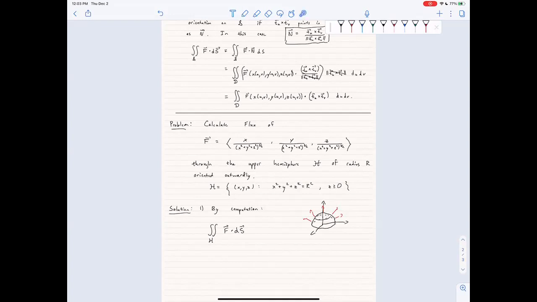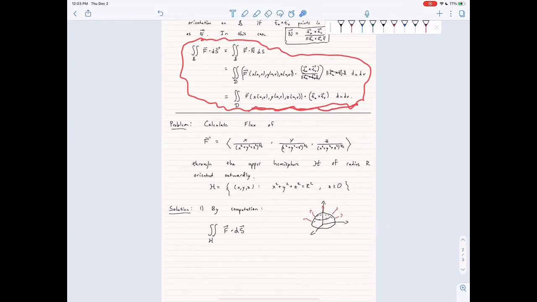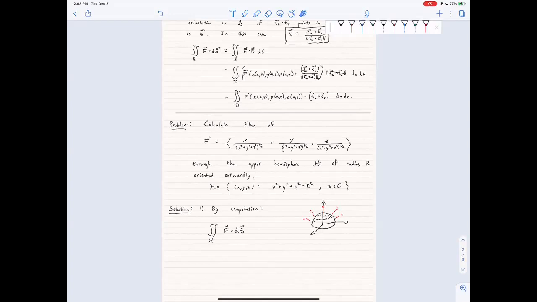Other comments or questions or solutions? When you look at this formula here, after you're done vomiting, what do you think? Right, so we need a parametrization.